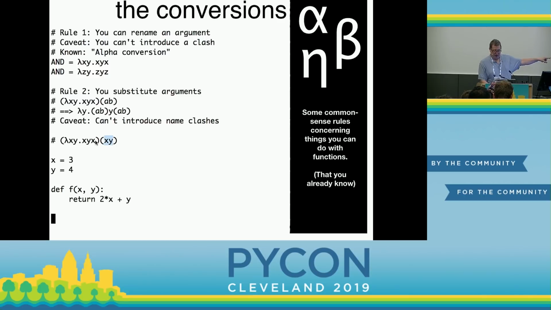If I have a function that takes x and y as arguments and does something with them, any xy that's outside is actually a different xy. And you can run into really weird problems with that. Maybe a different example: let's say I were just to pass in y there. This does not get reduced to lambda y, y.